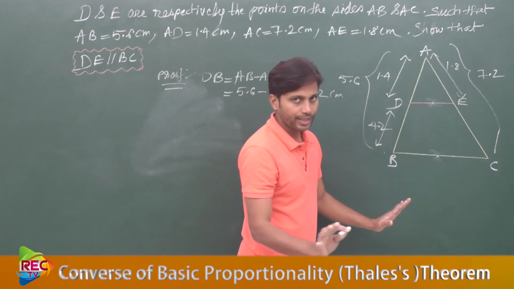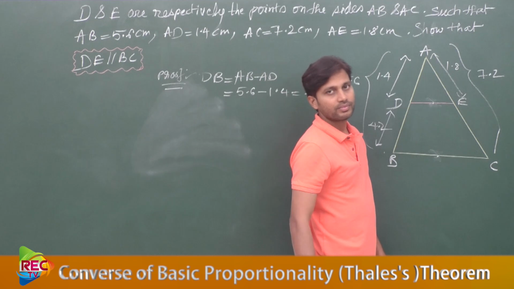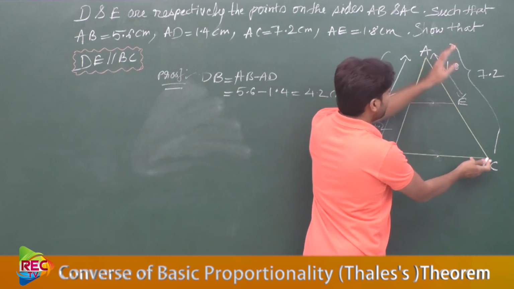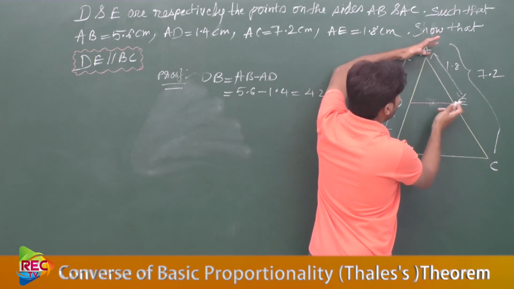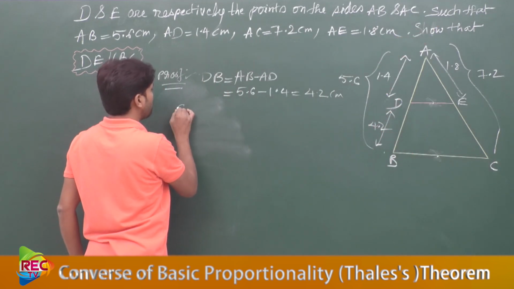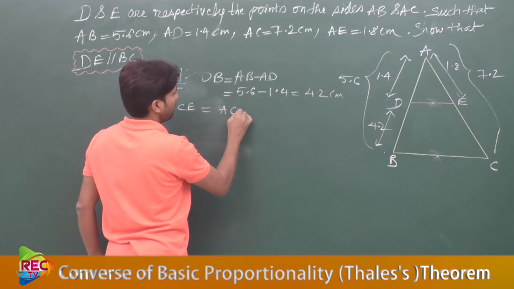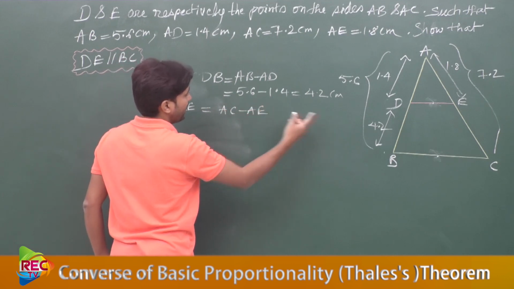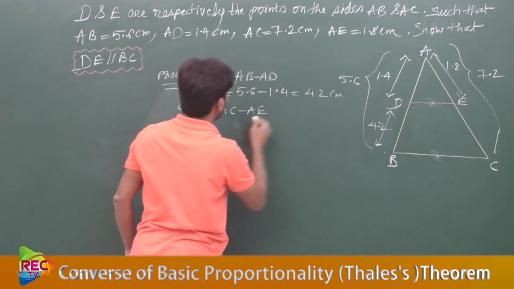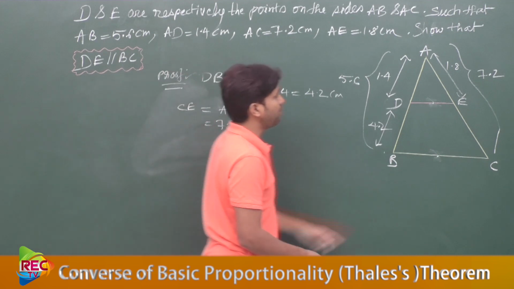4.2. Okay. Now you want to find out CE also. So how to find out CE? We need to subtract AE from AC. So CE can be written as AC minus AE, where AC is given as how much? 7.2 or not? From this diagram, 7.2 minus AE, which is 1.8, would be how much?